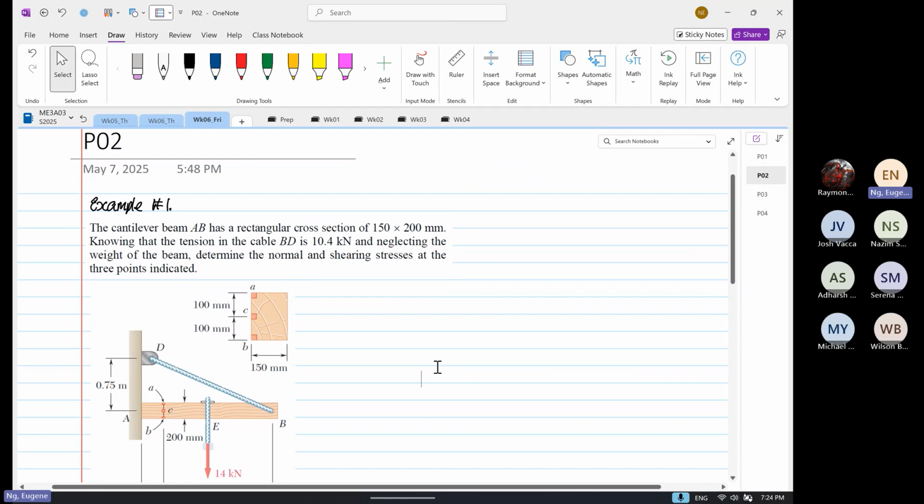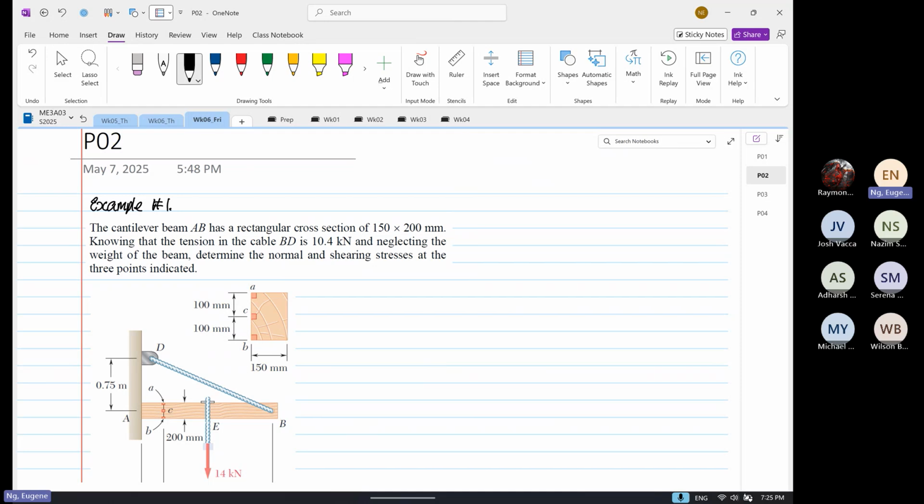We have a cantilever beam AB with a rectangular cross section of 100 by 200 millimeters. They declare that the cable is in tension.